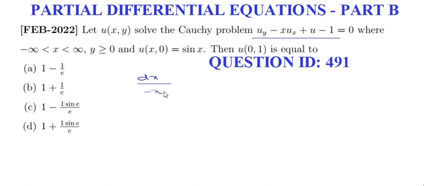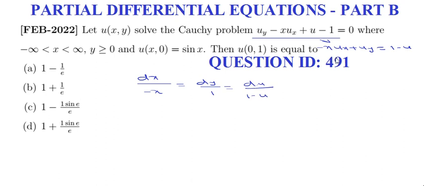The auxiliary equation is dx by minus x equal to dy by 1 equal to du by 1 minus u. The general form is minus x u_x plus u_y equal to 1 minus u.